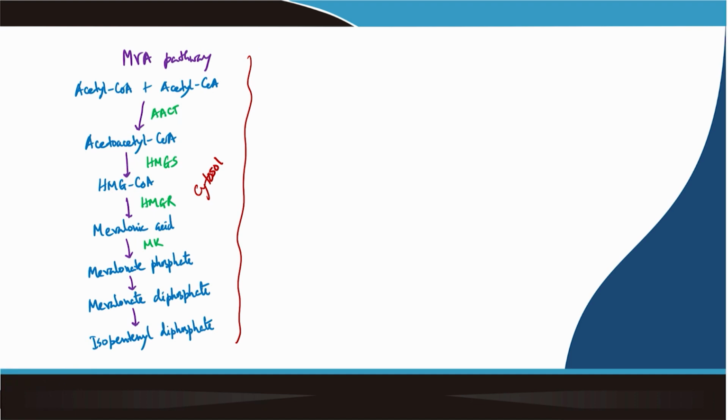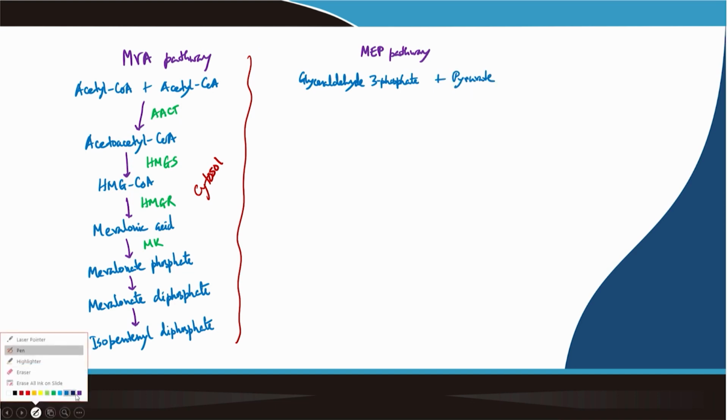Whereas, now if we talk about the MEP pathway, the MEP pathway requires joining of glyceraldehyde 3-phosphate plus pyruvate or pyruvic acid, that leads to the formation of DXP, deoxyxylulose phosphate.